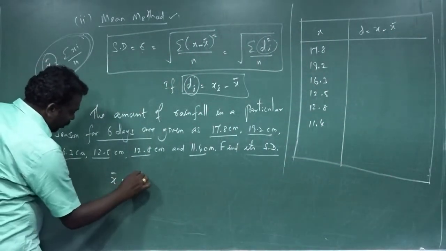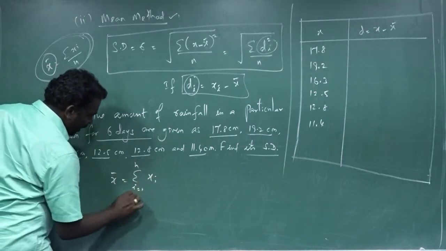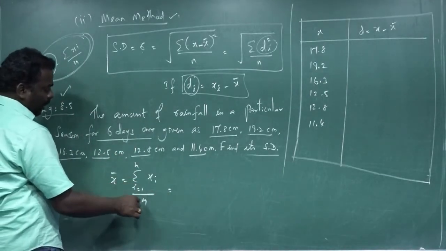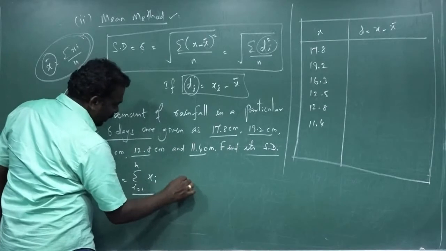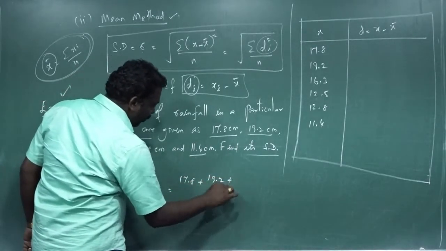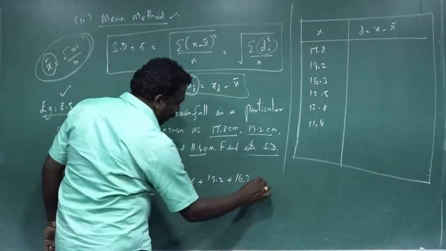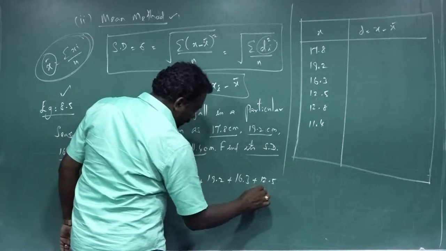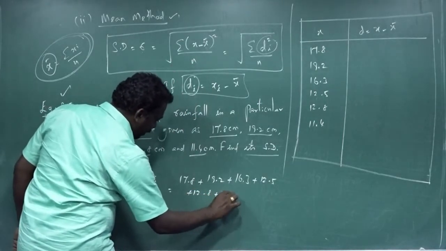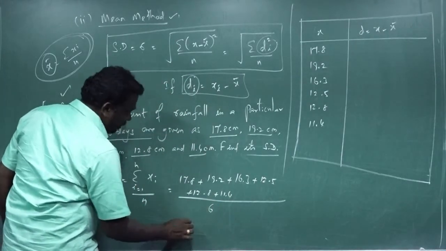x bar is equal to the summation, i takes values 1 to n, of xi by n. That means adding the given x values divided by the number of data. Add the given terms 17.8 and 19.2 plus 16.3 plus 12.5 plus 12.8 plus 11.4, divided by the number of data, which is 6.